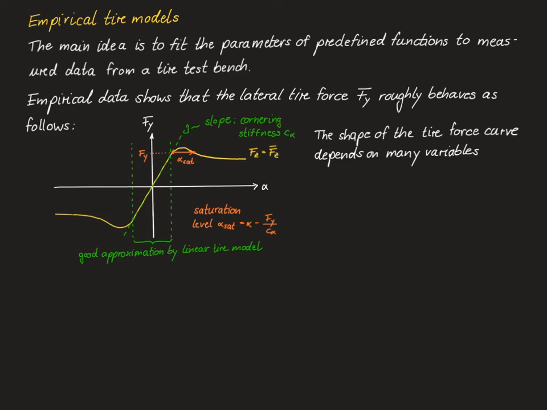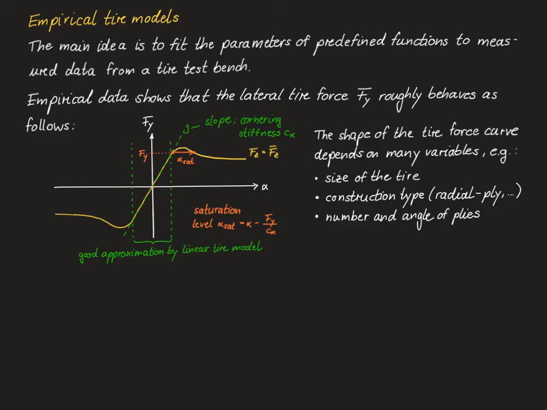The precise shape of the yellow curve, including also the cornering stiffness, is influenced by many variables in practice. So for example, it depends on the tire size, on the construction type, so radial ply versus bias ply construction, the number of plies that are used and their angles, and the general tire and tread design.